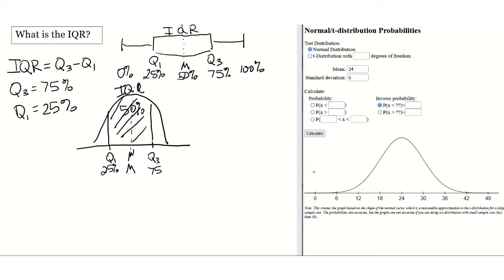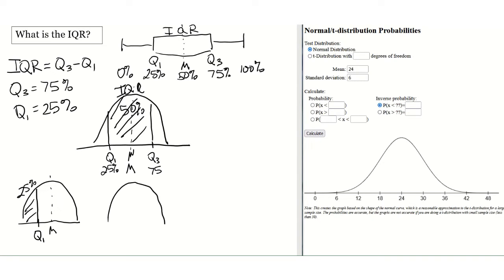So let's take a look at what we are solving for. This first one, here's the median. We want to solve for this lower end. That is going to be my lower 25%.